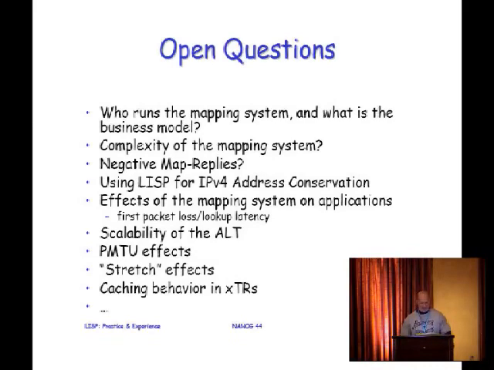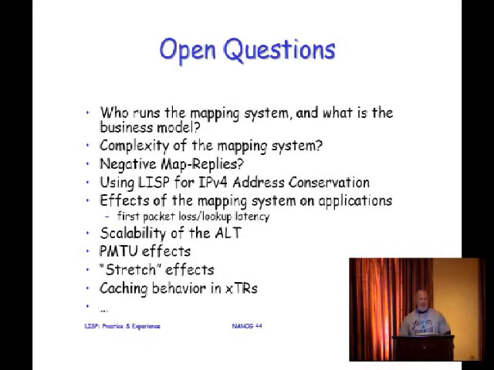That's tricky, though. There are some ideas about how to use LISP for IPv4 address space conservation. You'll be seeing that in Internet Draft format, I hope, pretty quickly. There are issues about the effect of the mapping system on applications. If you have to drop the first packet because you don't have the mapping, what about the latency induced by just doing the lookup? There are other issues about the scalability of the ALT.